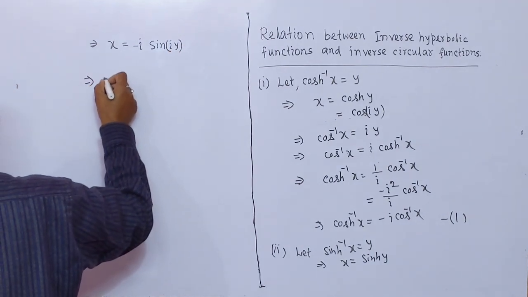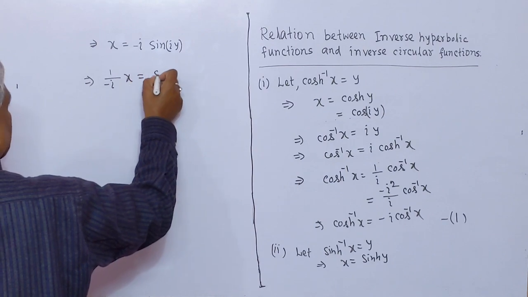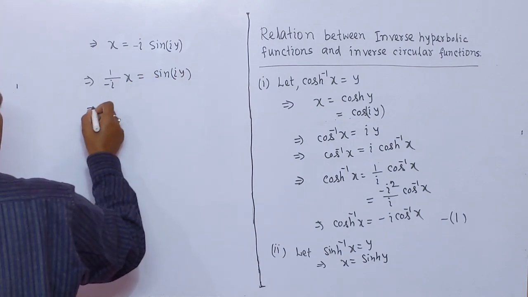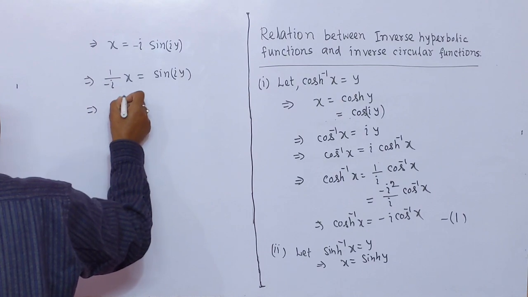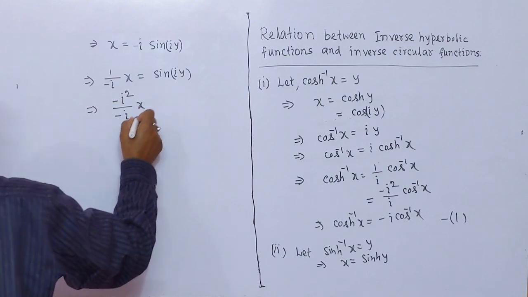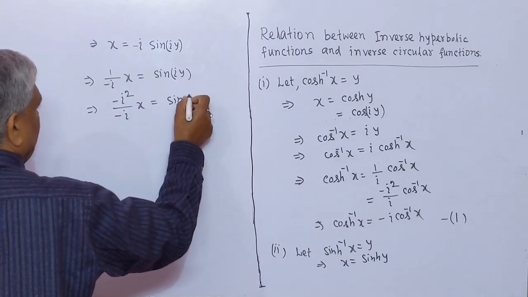This implies that 1 by minus i x equals sine iy, and 1 means minus i squared, so i x equals sine iy.